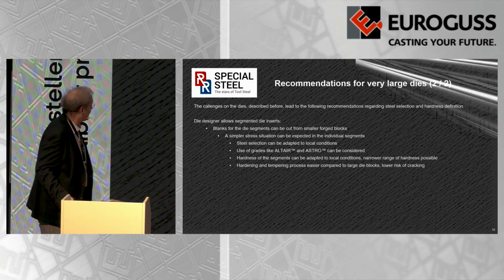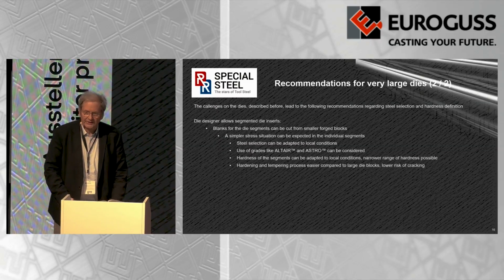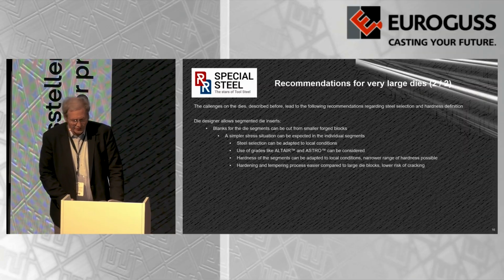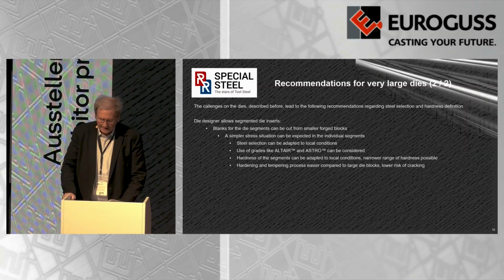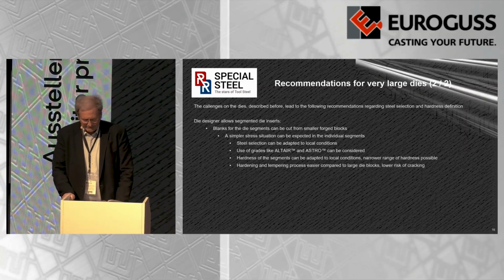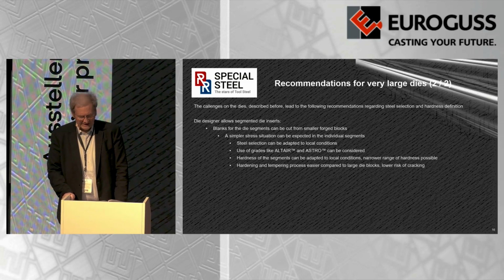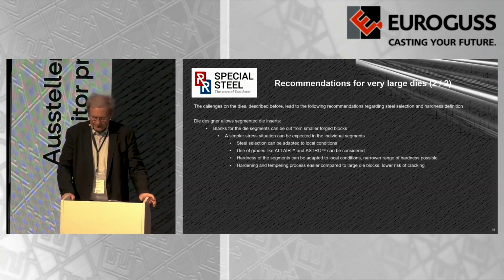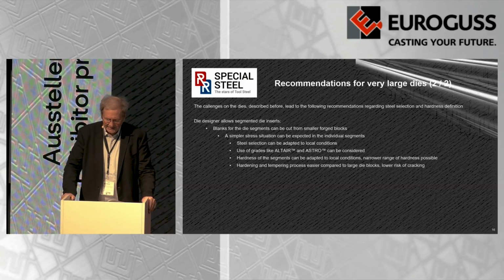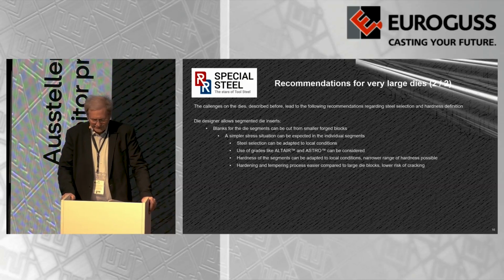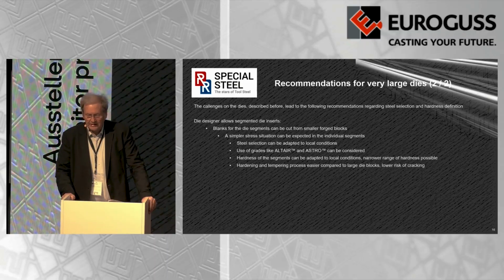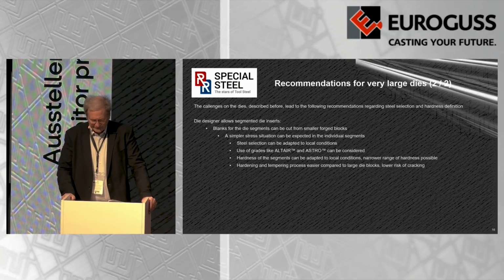In the second option, I want to discuss the chance to build a segmented die, which will bring us several advantages. The raw blocks for the segments can be cut from smaller forged bars, and within the individual segments, we can expect a simple stress situation.